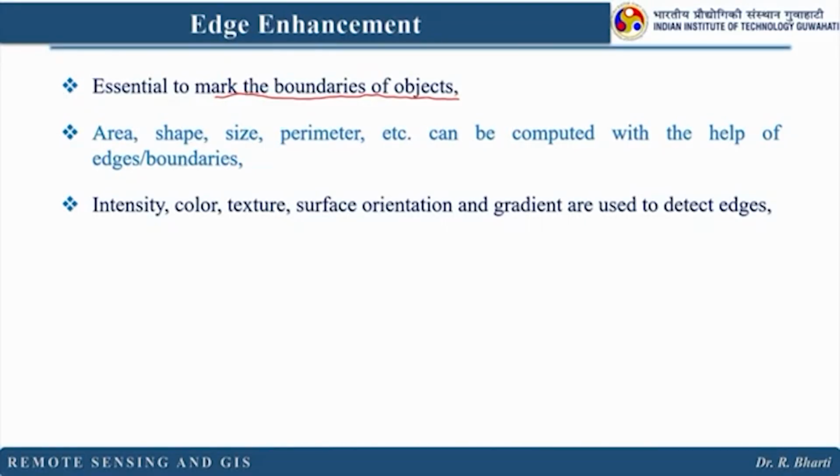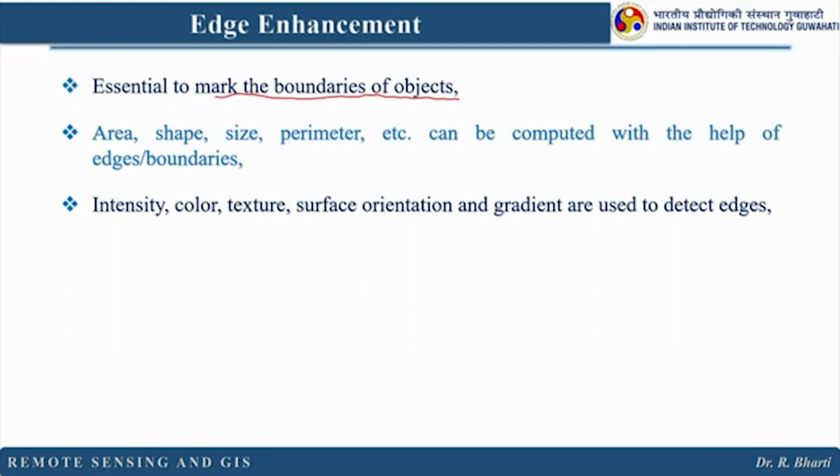We have already seen this example, so this is very clear to you, right? Now, intensity, color, texture, surface orientation and gradient are used to detect edges. How can we use intensity, color, texture? Intensity is how, within a color range, it is dark or light.